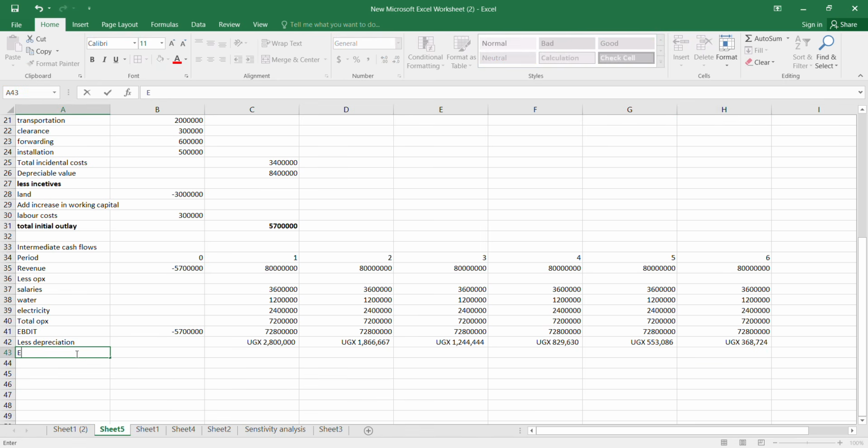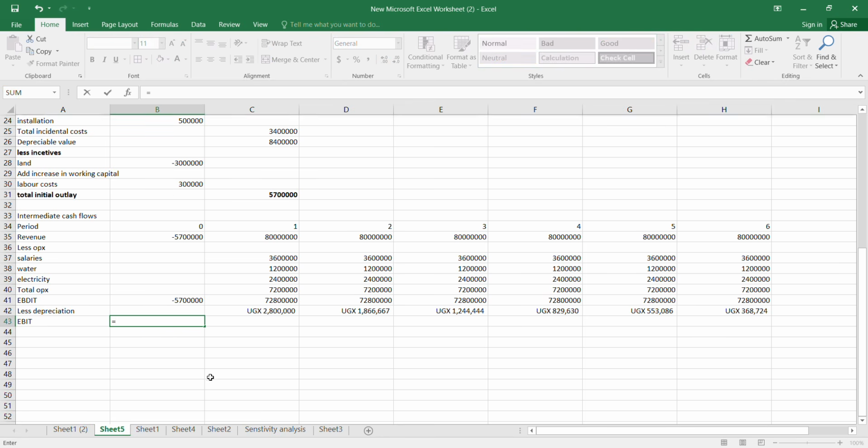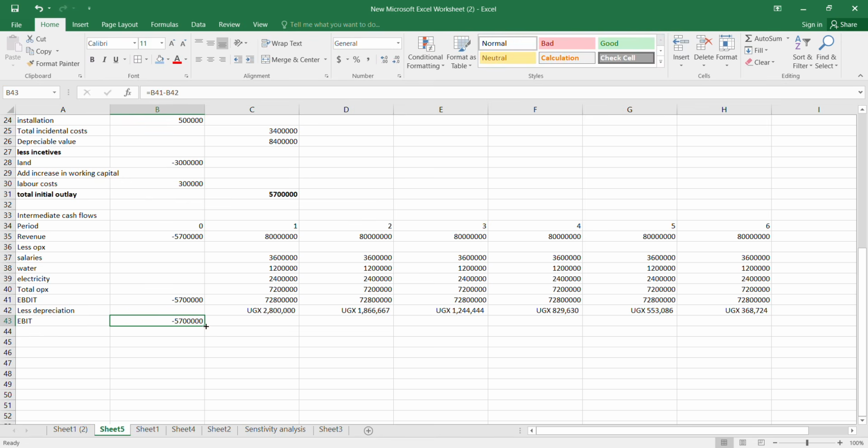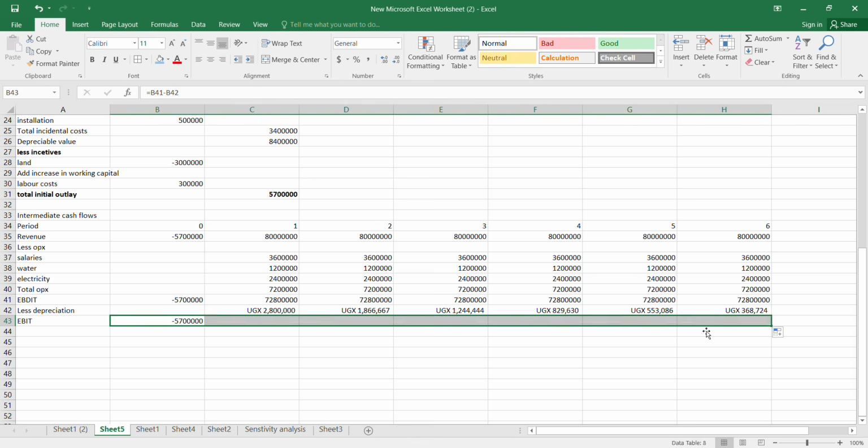Then we shall get the earnings before interest and tax, which will equal this minus the value down. Shall drag and drop.